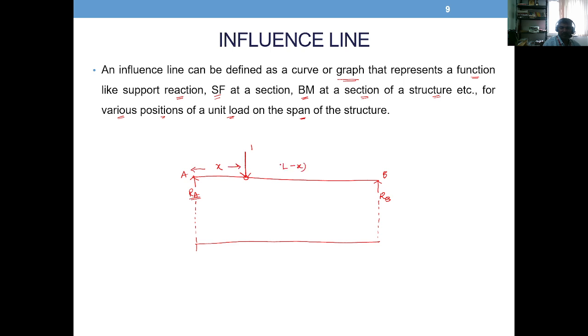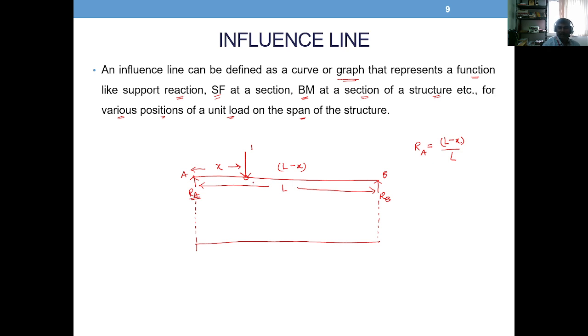The remaining span is L minus x. Let us consider total span of the structure is L. Now from the equilibrium equations of this structure you will be solving for reaction at A as (L minus x) by L.